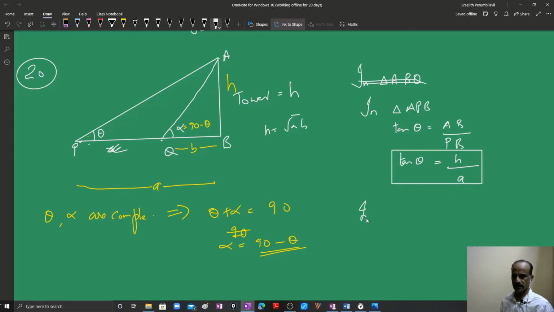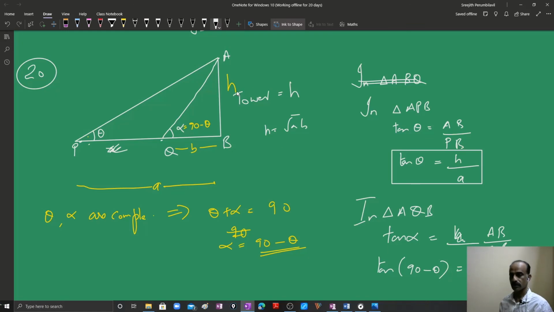Now in the next triangle, in triangle AQB, tan of alpha is equal to the opposite side AB divided by QB. What is alpha? Alpha is actually 90 minus theta.